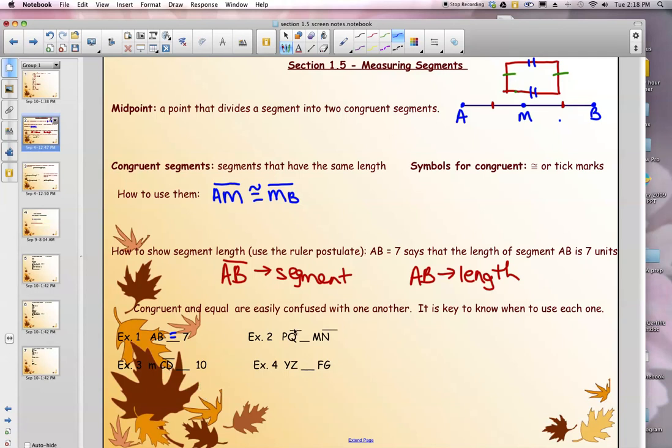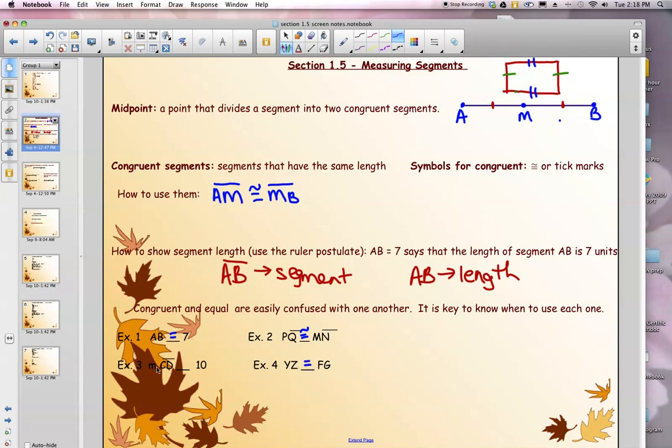Here we have a segment PQ and a segment MN. The segments are a little off center, but when we talk about one segment and another segment, then we're talking about the objects themselves. So in that case, we would use congruent. Here I'm talking about the length from Y to Z and the length from F to G. So here we're talking about lengths, so then we would use equals.